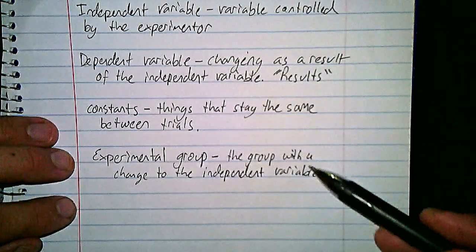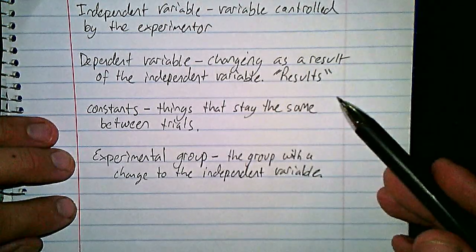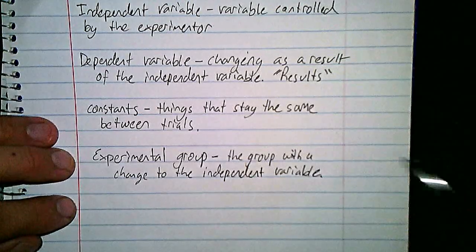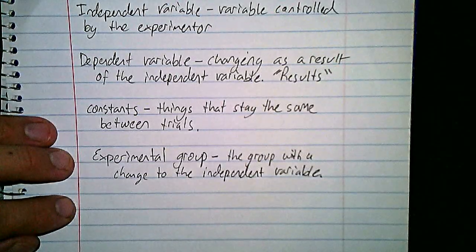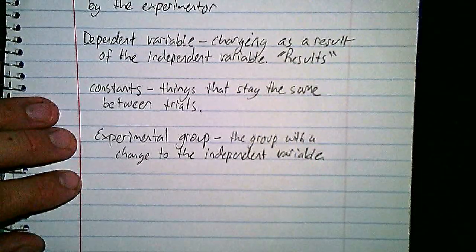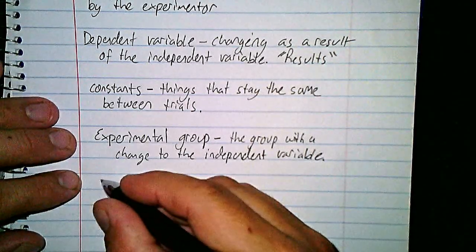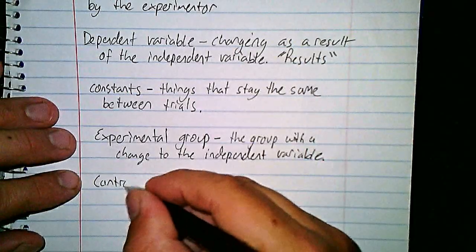So again, my independent variable would be having medicine, and my dependent variable would be how it affects their pain. And if I give them medicine, and let's say 70% of them feel better, that would be fantastic. And people want to jump to the conclusion that this medicine must work. But that's not necessarily the case, because we also have to have this experiment happening with a control group.